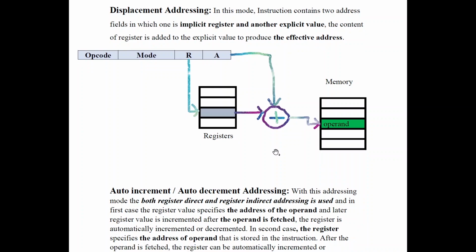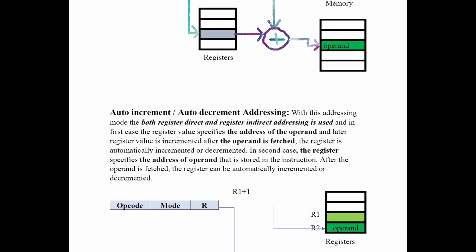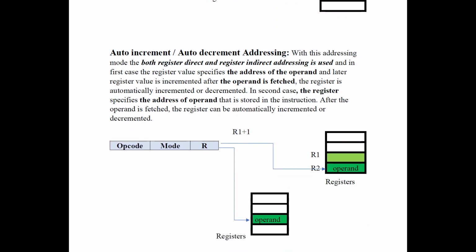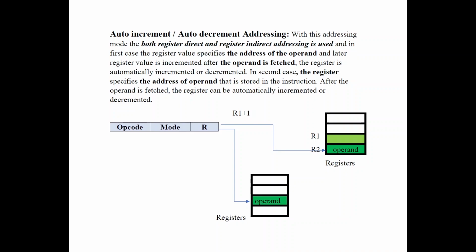The next displacement type addressing mode is auto increment and auto decrement addressing mode. With this addressing mode, both register direct and register indirect addressing are used. In register direct mode, we were directly getting the operand from the register.